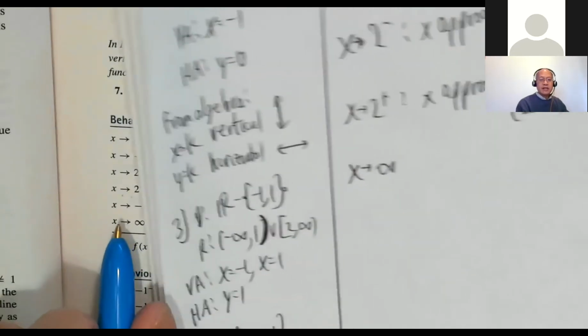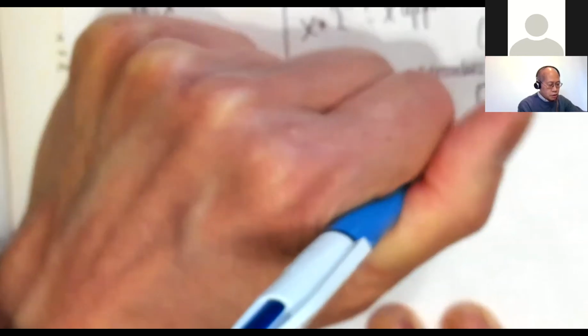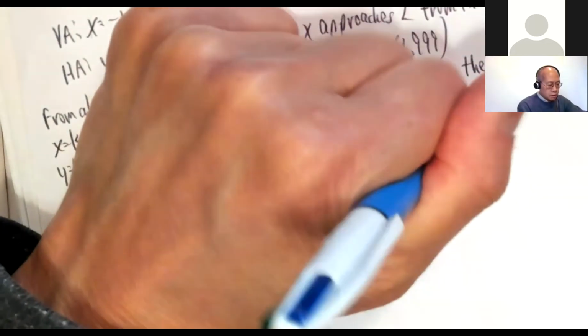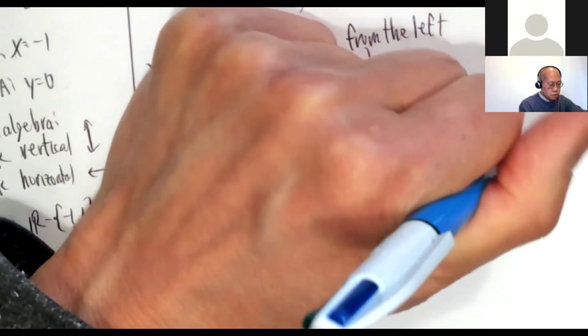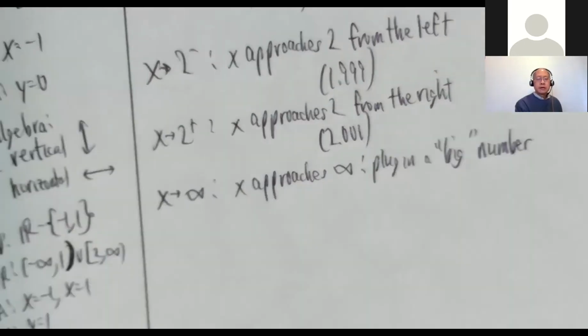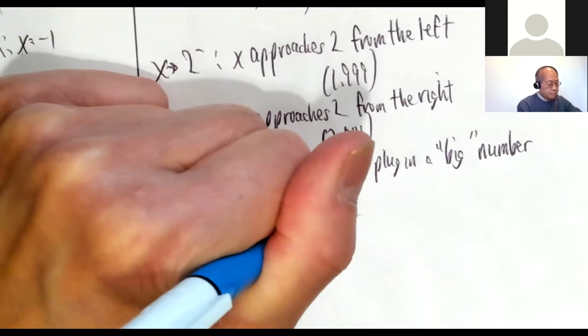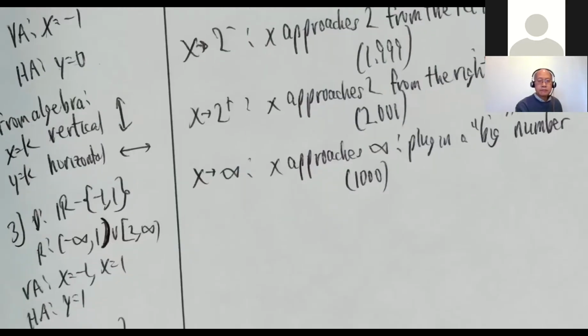X approaches infinity. We say x approaches infinity. Plug in a big number. Something much bigger than anything that you see there. So, there's no fixed number. For most of our problems, maybe like 1,000.